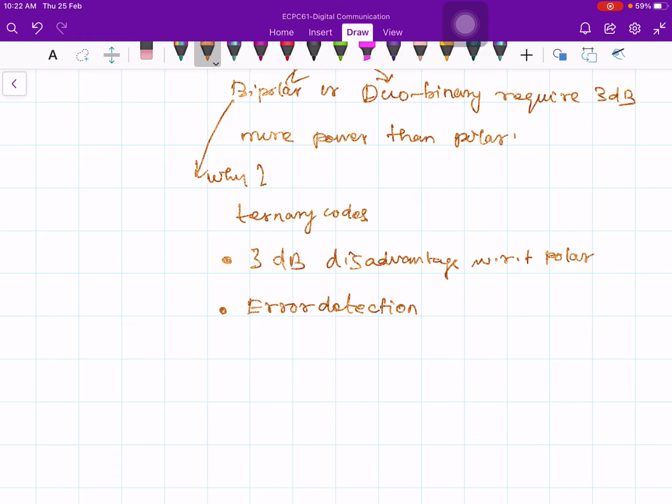Suppose you have a pulse like this, then again a pulse like this. Let's say I have an odd number of zeros, let's say 3 zeros, no signal, no signal, no signal.